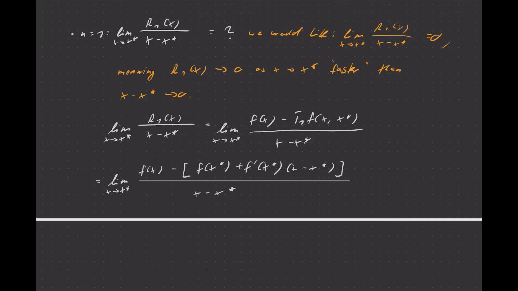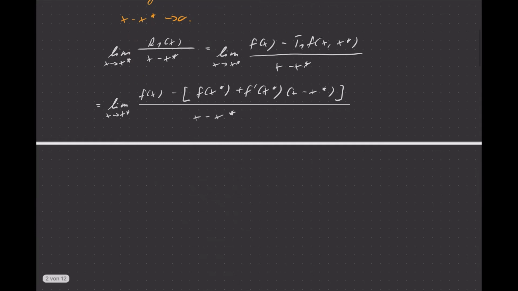And as you can see already, what we get is the limit as x tends to x star of f of x minus f of x star divided by x minus x star.